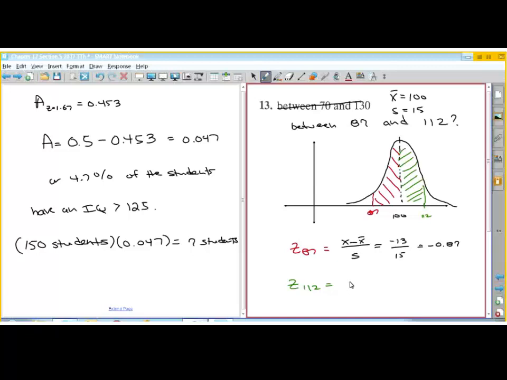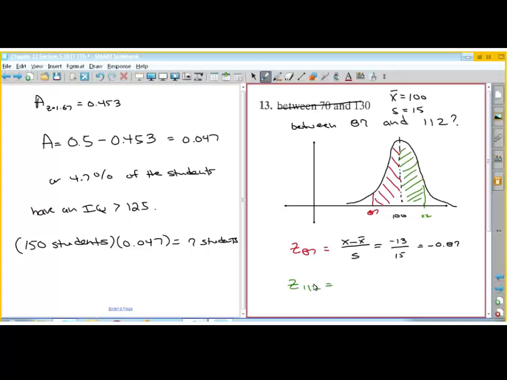So Josh, what did you get for a z-score of 112? Okay, let's go ahead and do that one. Should be very close, because this is -13. This is going to be +12. You're not sure what to do?